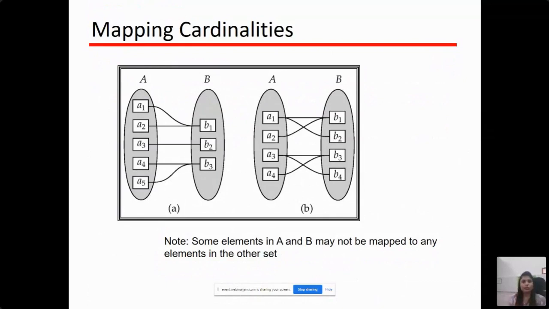So the relationship would be many-to-one. And next one is, A1 is related to B1 and also B2. In the same way B1 is related to A2 and also to A1. So that means multiple students are working on multiple projects at the same time. So the relationship is many-to-many.